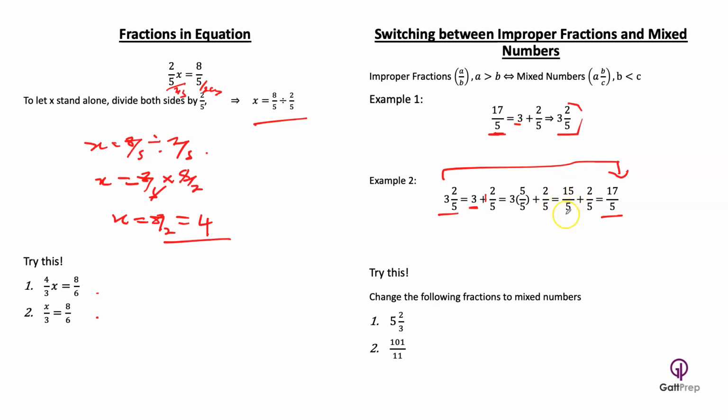And you have 15 over 5, and then plus 2 over 5. 15 plus 2 is 17 over 5. So you realize that we moved from this improper fraction to this mixed number, and we moved from this mixed number back to this improper fraction. So very, very simple stuff. Try your hands on these two.